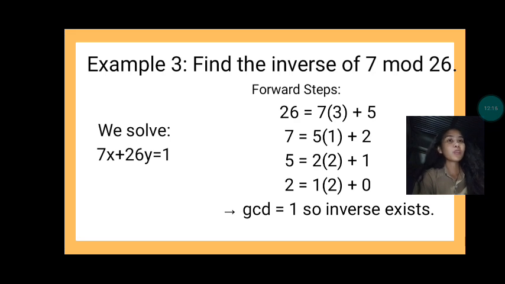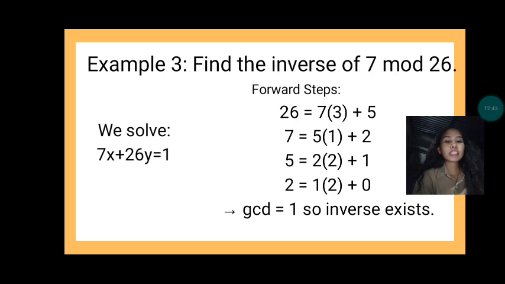So we will apply now the forward process, in which we have 26 is equal to 7 times 3 plus 5, and then 7 is equal to 5 times 1 plus 2, and then 5 is equal to 2 times 2 plus 1, and 2 is equal to 1 times 2 plus 0.